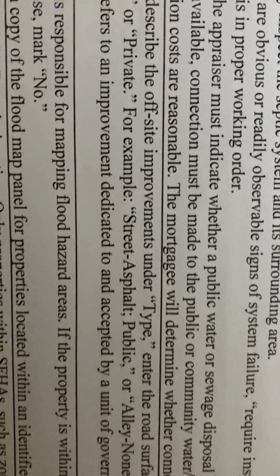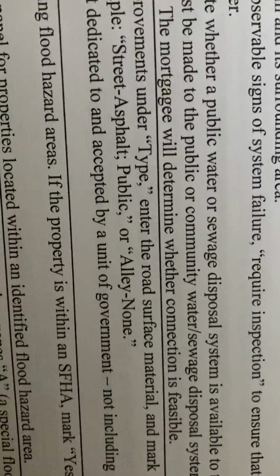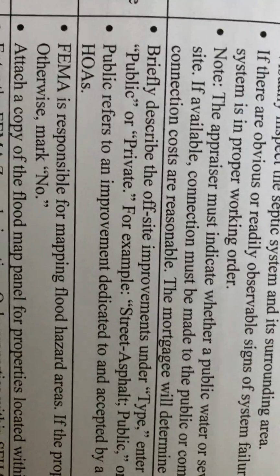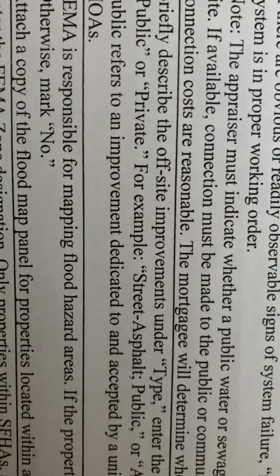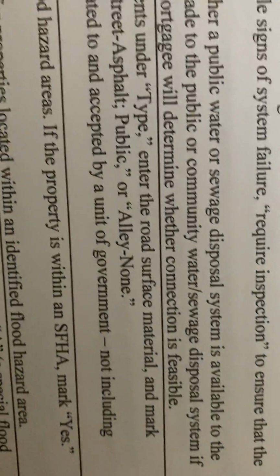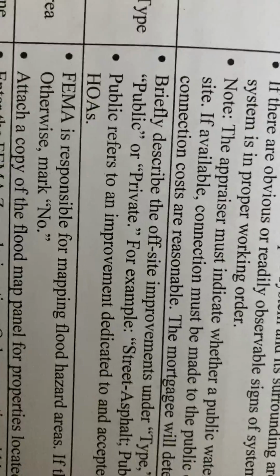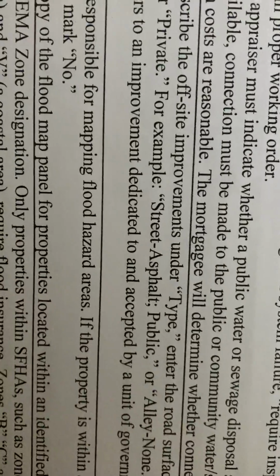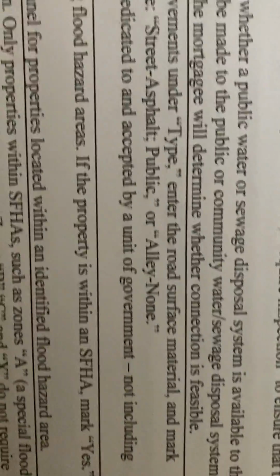Note, the appraiser must indicate whether a public water or sewage disposal system is available to the site. If available, connection must be made to the public or community water/sewage disposal system. If connection costs are reasonable, the mortgagee will determine whether connection is feasible.